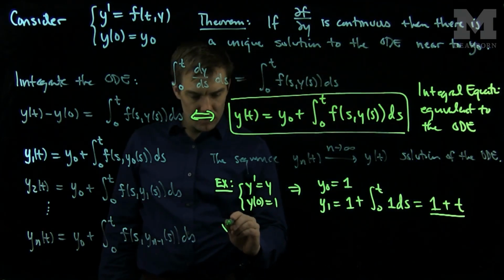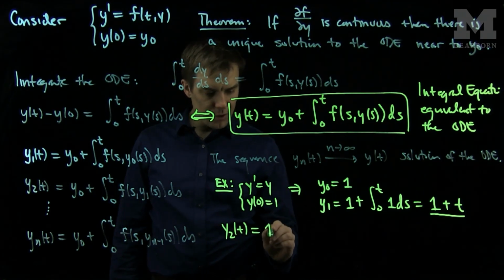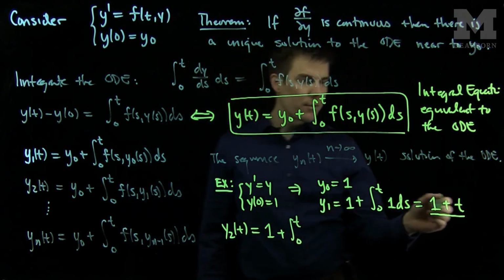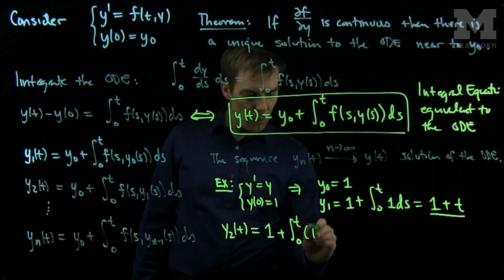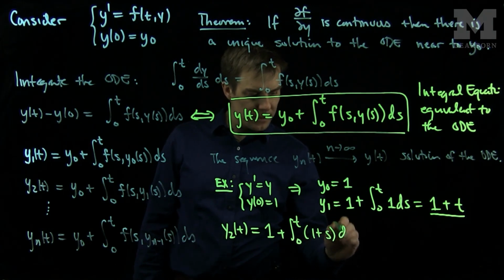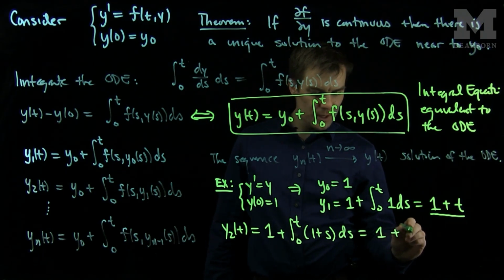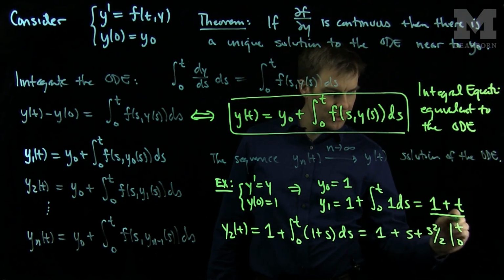Then y2 of t will be y0, which is 1, plus the integral from 0 to t of the function we found in the previous expression plugged into y. So I'll have 1 plus s ds, which will give me 1 plus s squared over 2 from 0 to t.